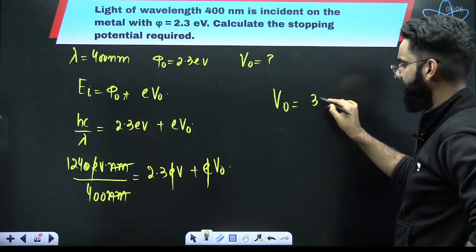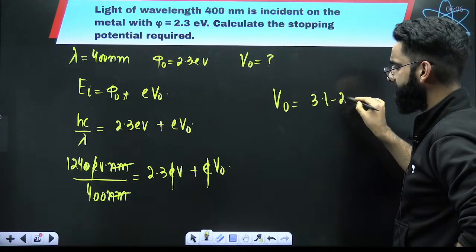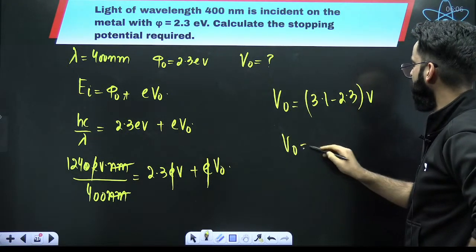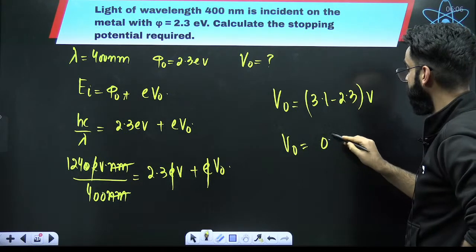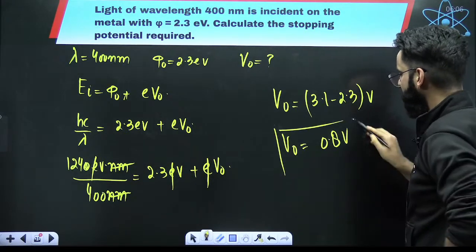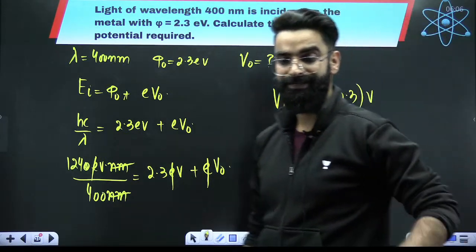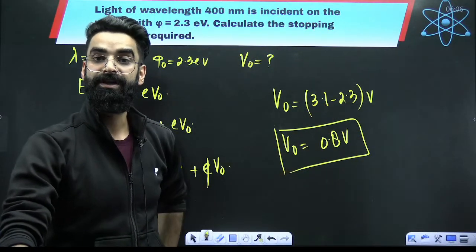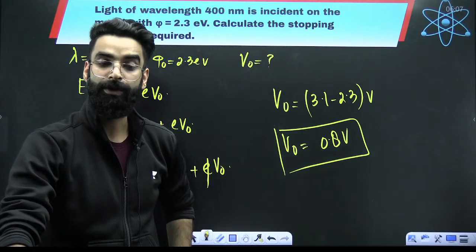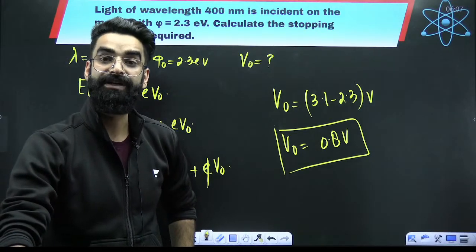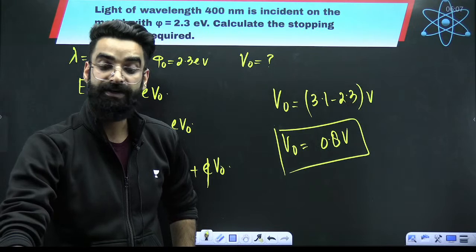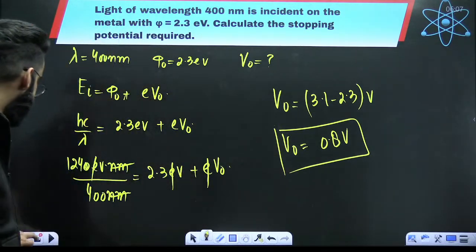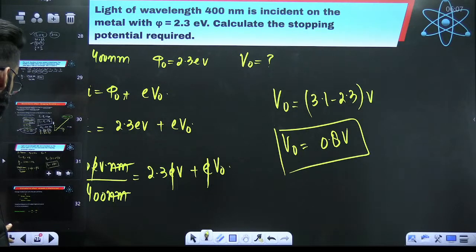So it's going to be 3.1 minus 2.3 volts, so V0 is equal to 0.8 volt. What is meant by this 0.8 volt? This is that reverse voltage which has to be kept. Then only the highest energetic electron will stop, that won't reach the anode. I believe it's clear.